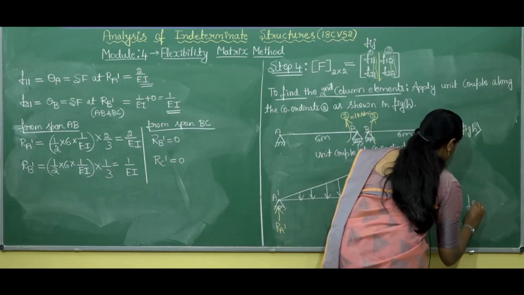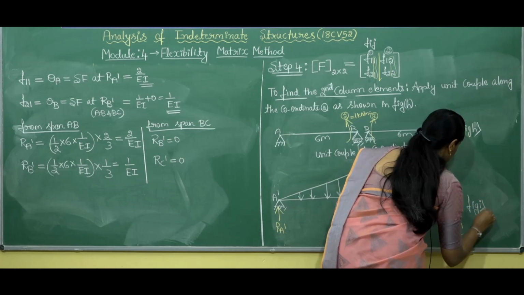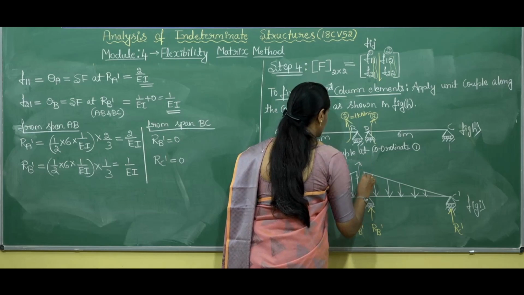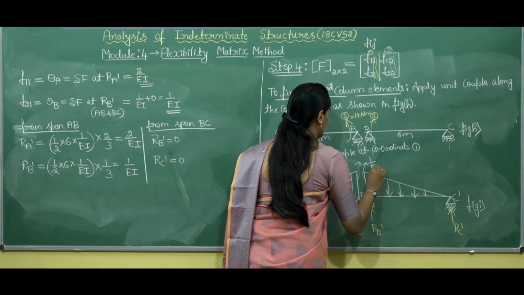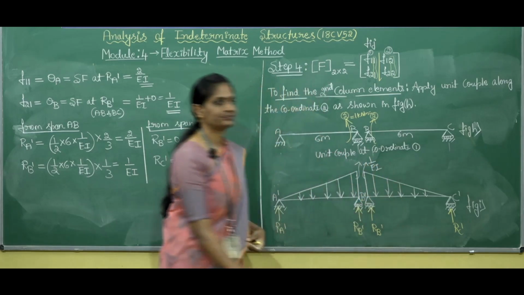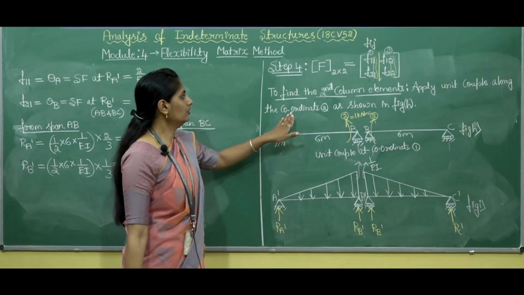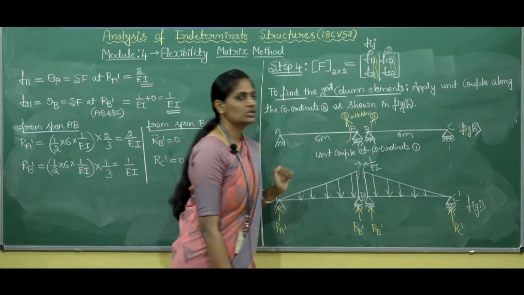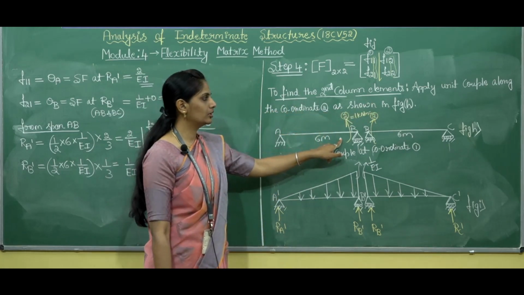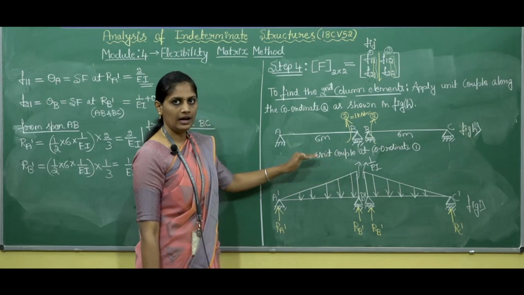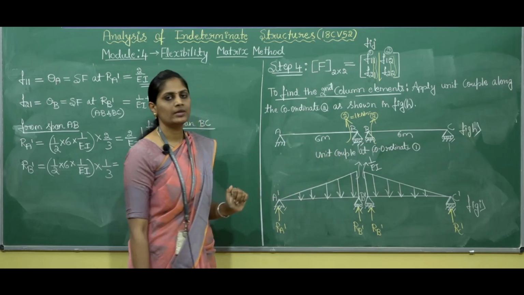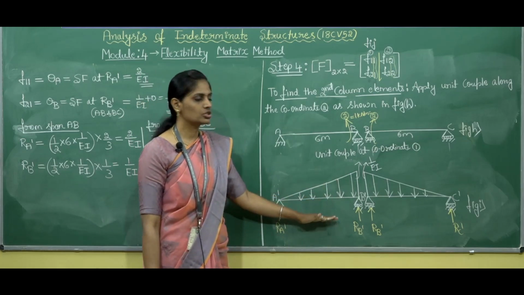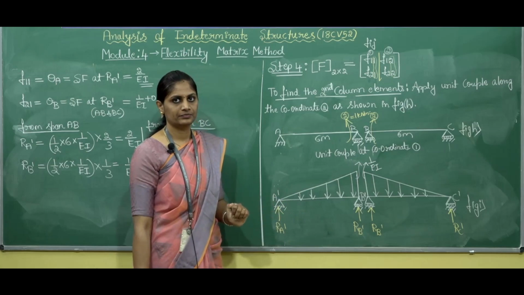This is figure I, this is a conjugate beam, and here we have 1 by EI. So to get the second column elements, we need to apply the unit couple along the coordinate number 2 as shown in this figure, and after sketching the bending moment diagram, we shall load that bending moment diagram on EI diagram to get the conjugate beam like this.